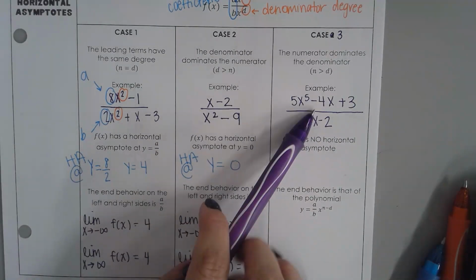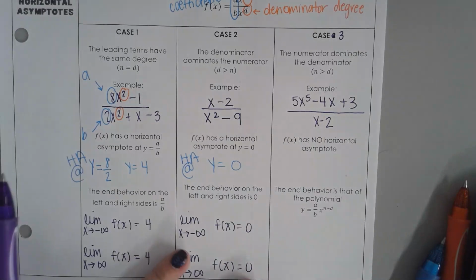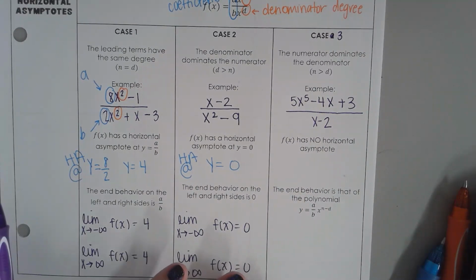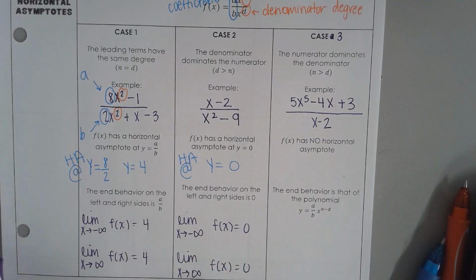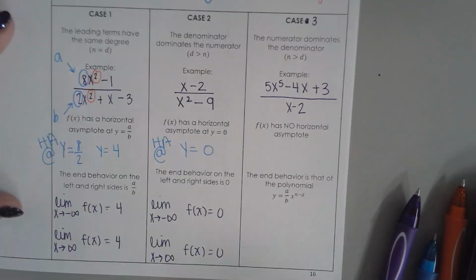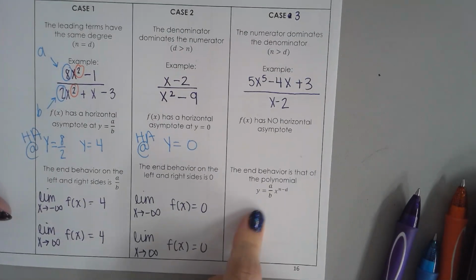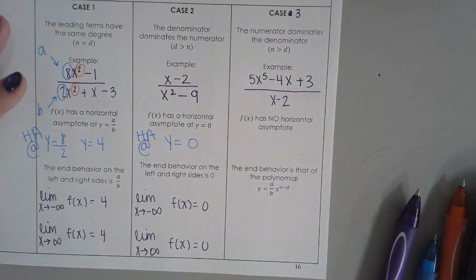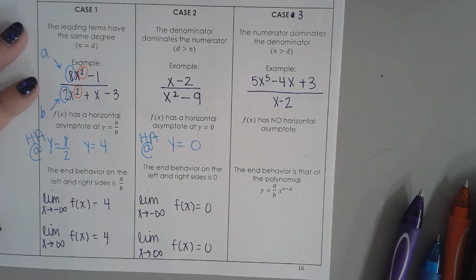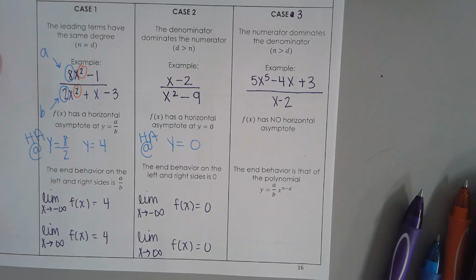An example like this, there are no horizontal asymptotes. For the end behavior, it's a little bit more complicated. So what you have to do, your end behavior is going to follow the rules that we learned in polynomials, like talking about the leading coefficient, if it's positive or negative, and if the degree is even or odd.